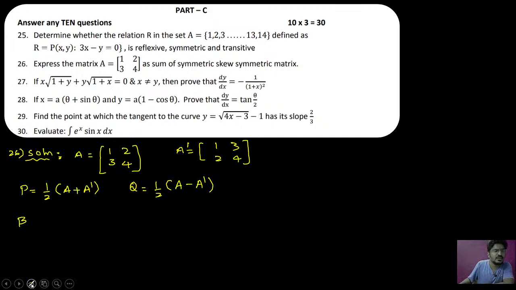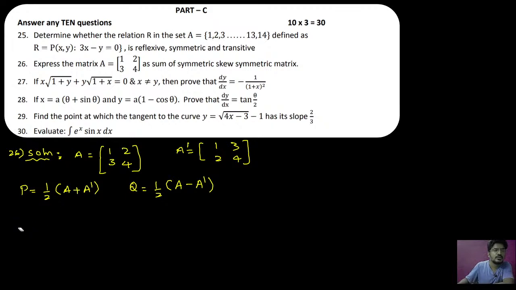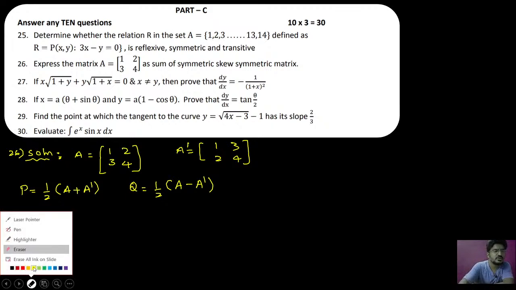Now we can write P. So you take P equal to 1 by 2 times of A plus A transpose.